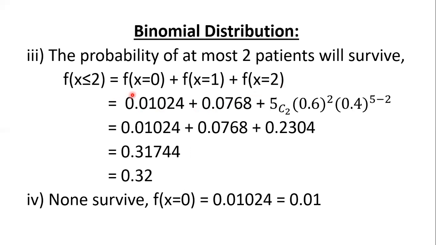We know the probability function of the binomial distribution is nCx p^x q^(n−x).